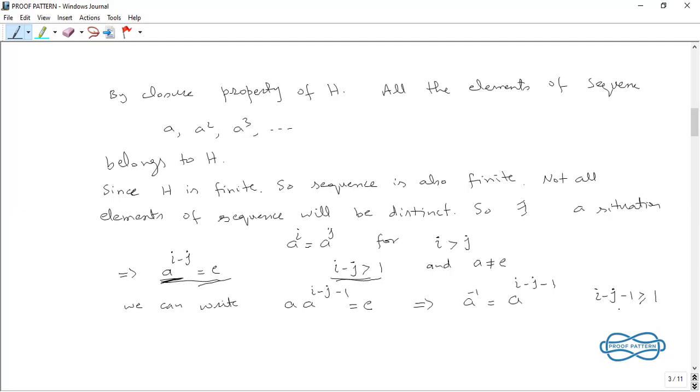This means this a^(i-j-1), which is actually equal to A inverse, belongs to H. And hence we have proved the second condition of the two-step subgroup test, and this implies H is a subgroup of G, which we wanted to prove.